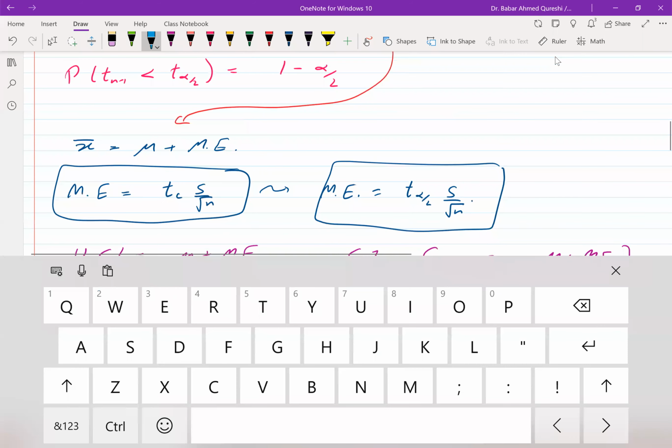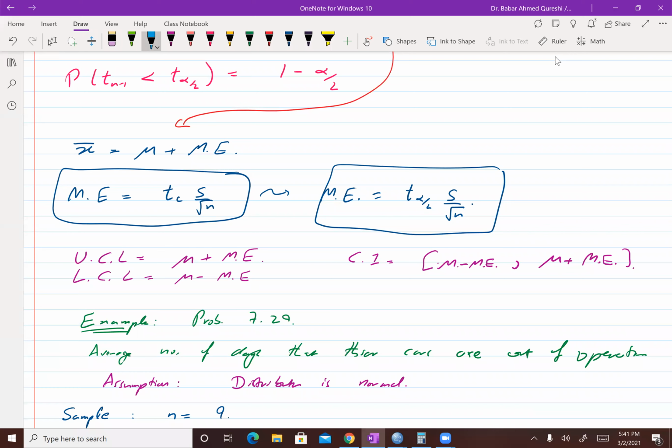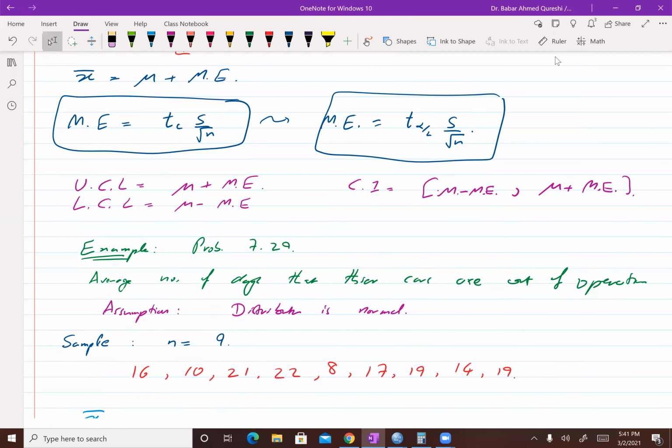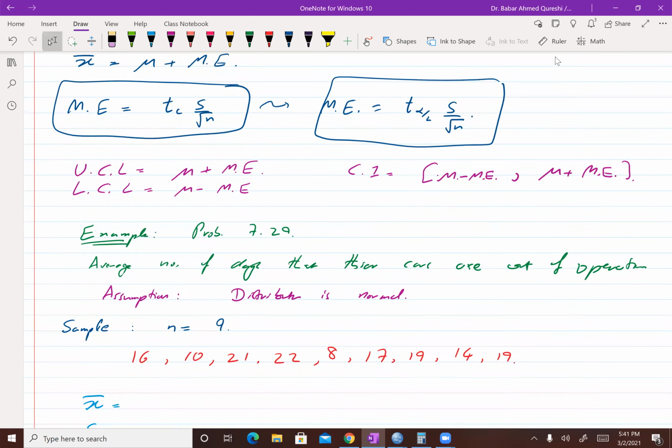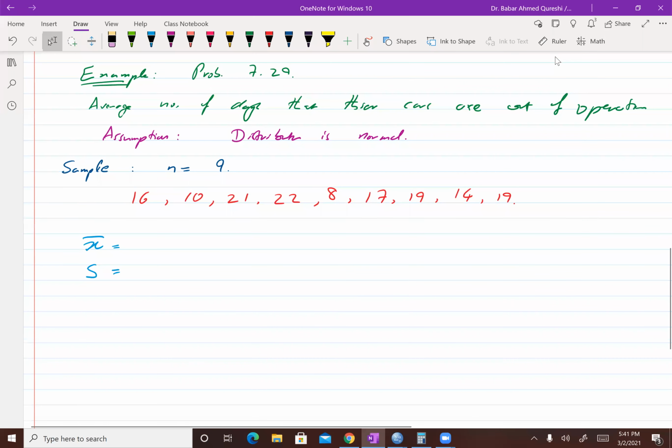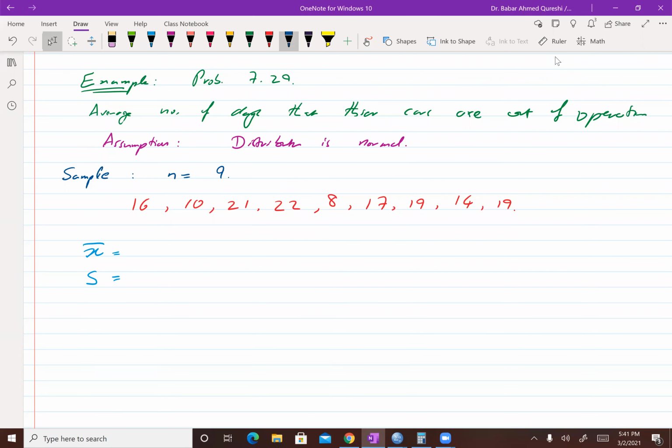These things will be needed to compute the margin of error, but they will also need to compute this critical value of the t variable, and they want to estimate the mean. Obviously, you cannot give an exact number. Estimate and give a confidence interval.